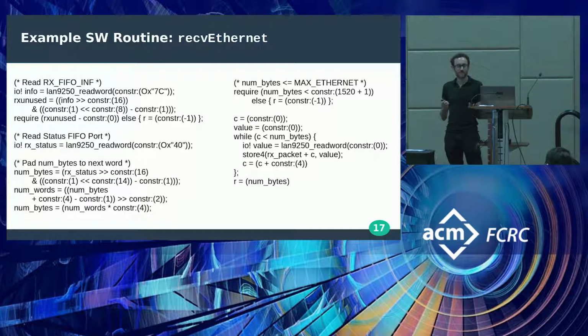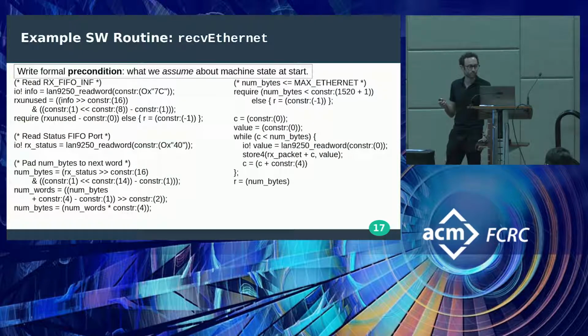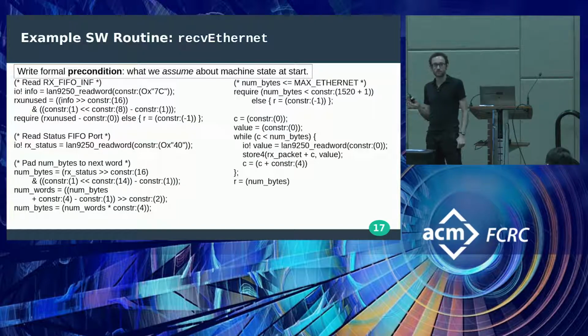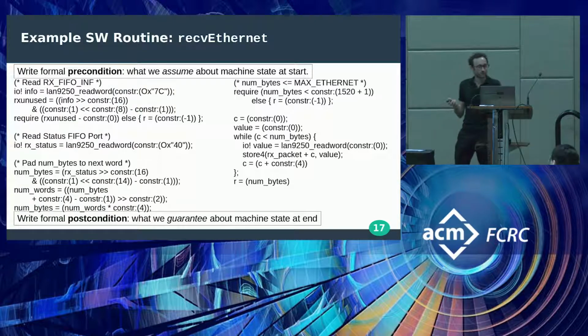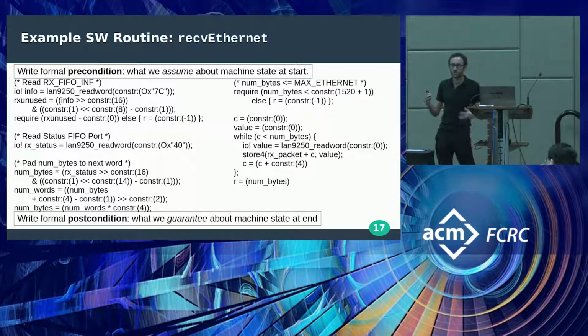And then to verify that this is a correct implementation of the light bulb controller, we have to write a formal precondition that says what we assume about the machine state at the point where we jump into the beginning of this code. This includes not only the register and memory values, but also a log of all MMIO interactions that have happened up to this point. And then we also write a formal postcondition, which is what we must now commit to guaranteeing about the machine state when we reach the end of this code.